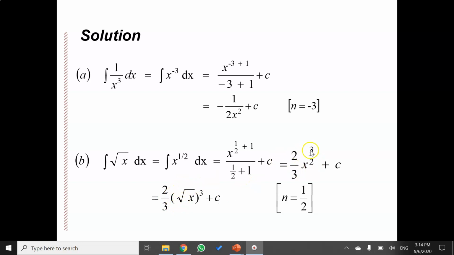So we have 1 over 2 over here, square root of x, then times 3, so that's why you have the power of 3 here. Plus c. So in this case, our n is actually 1 over 2.